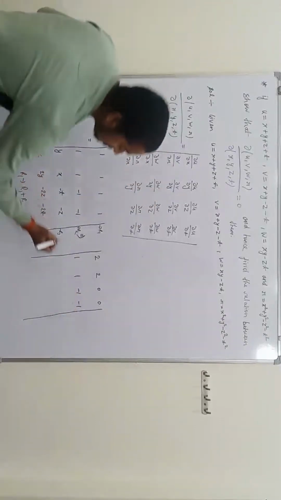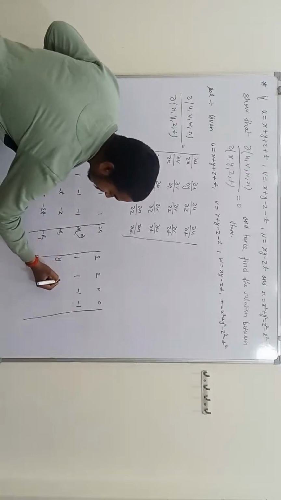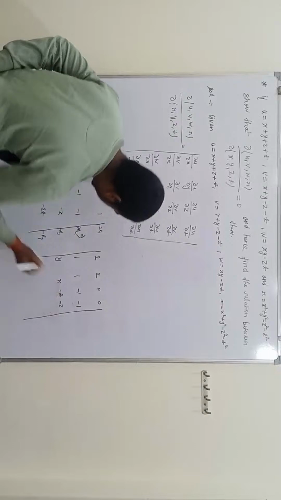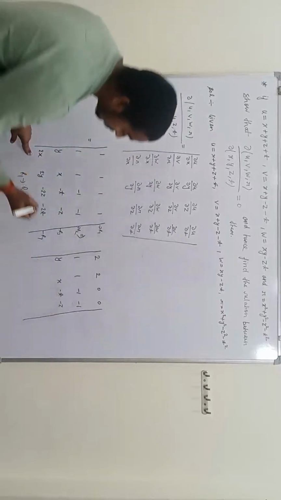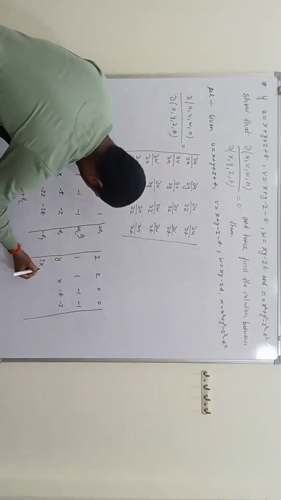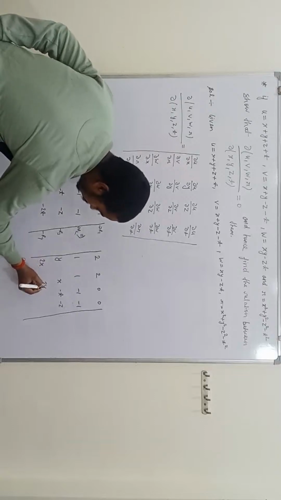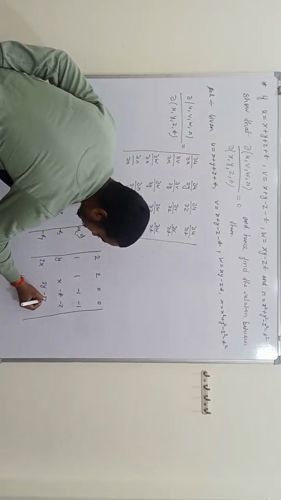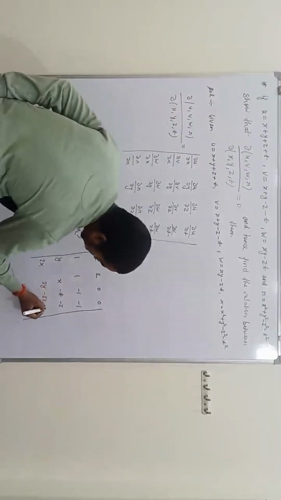Further, y, x, minus t and minus z, and this is 2x, 2y, minus 2z and minus 2t.